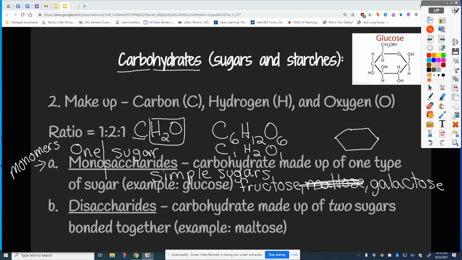Now, are there other monosaccharides? Yes. These are just the most common. Then we have disaccharides. Disaccharides are made up of two sugars. So how do you think we might draw those? Two hexagons. What process are we going to use to put these two hexagons together?